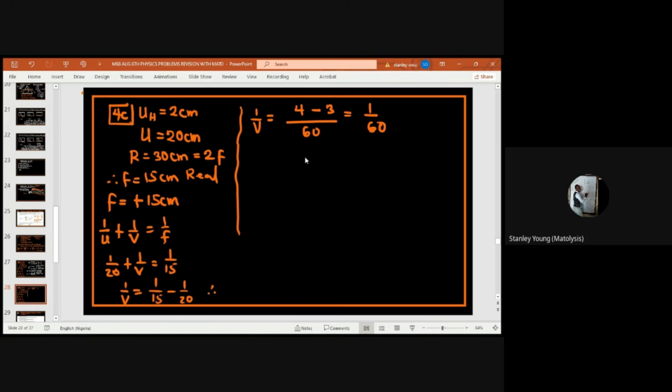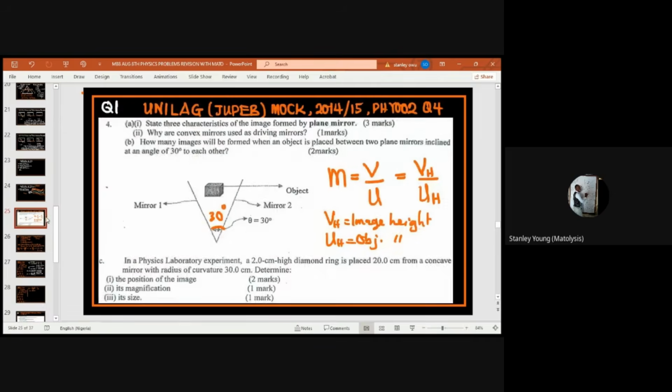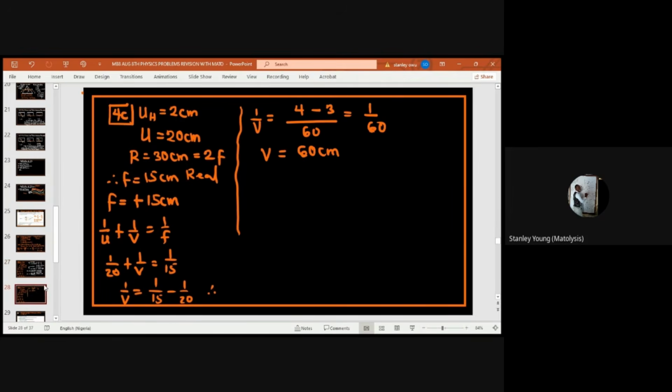So from there, V is going to be equal to 60 centimeter. Okay. So that means we've answered that question that wants us to find the position of the image. Which means part (i), V is going to be equal to 60 centimeter.